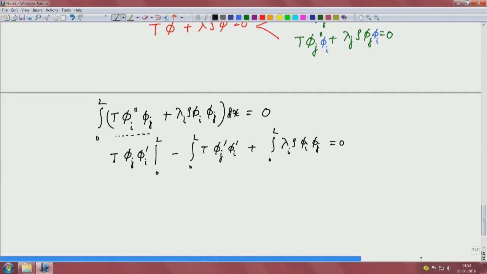The boundary term is going to be 0 anyway, because phi i and phi j have to satisfy the end conditions, so that goes away. This is what I get with the first equation.